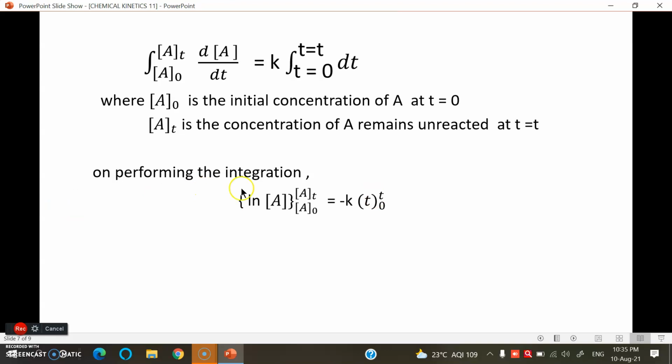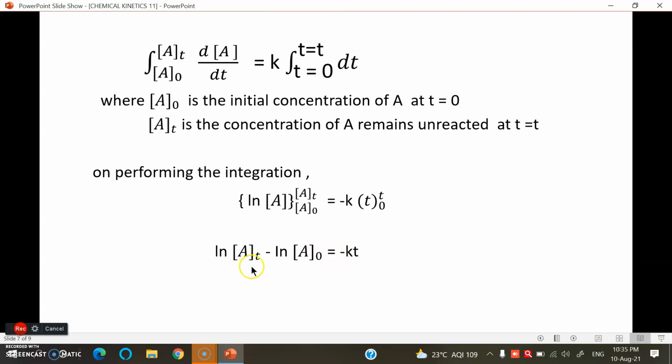I repeat, on performing the integration, ln concentration of A within the limits A0 to At is equal to minus K in bracket t0 to t. On substituting the upper and lower limits, we get ln concentration of At minus ln concentration of A0 is equal to minus Kt.